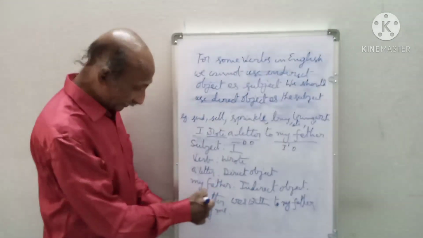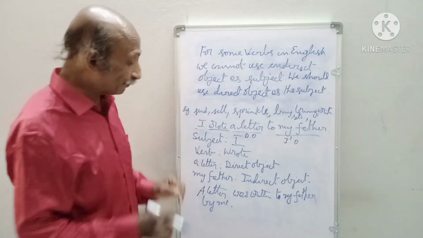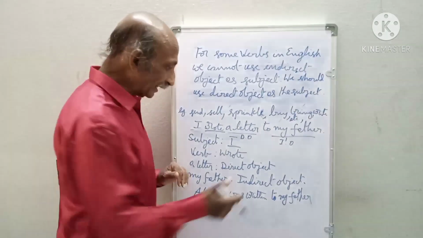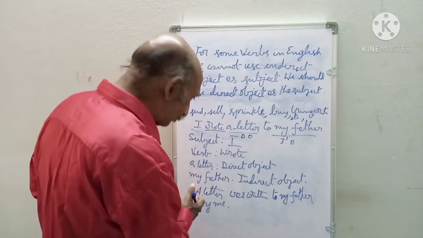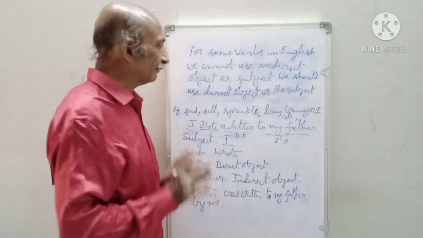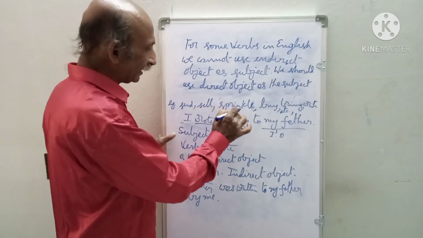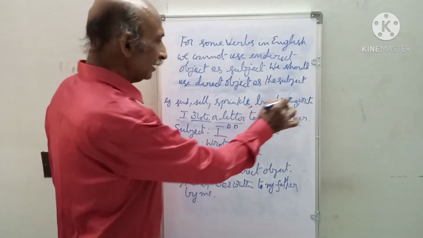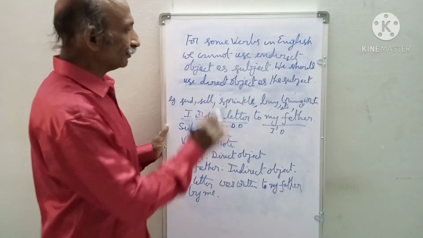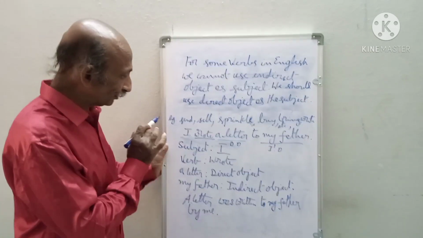But if you start the sentence with indirect object, the sentence will lose its meaning. It becomes ridiculous. You cannot say, my father was written to a letter. It's absolutely ridiculous. So my dear students, remember one thing. For verbs such as send, sell, sprinkle, buy, bring, write, etc., we should take direct object as a subject. That is the point to be noted here.